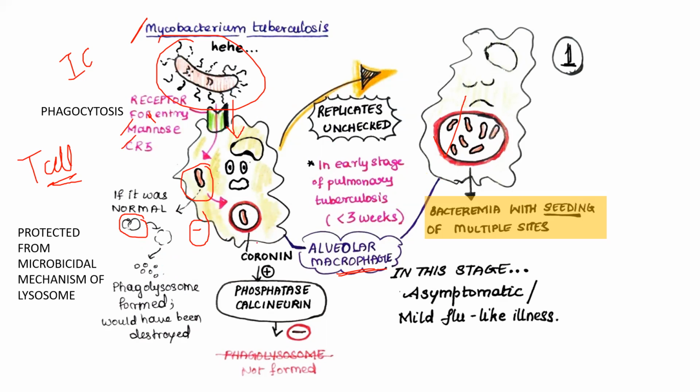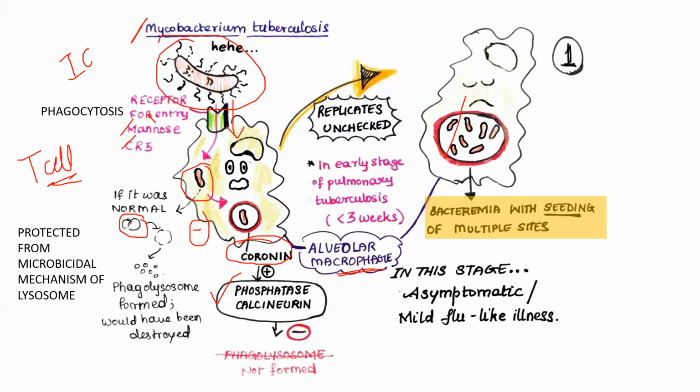So how does this happen? This happens when the bacterium blocks the phagolysosome formation by recruiting a host protein called coronin. This coronin is a host cell protein, and it activates phosphatase calcineurin, and this phosphatase calcineurin inhibits the fusion of phagosome and lysosome, and hence does not allow the phagolysosome to be formed.